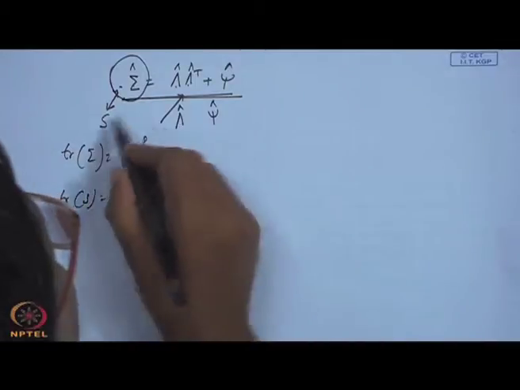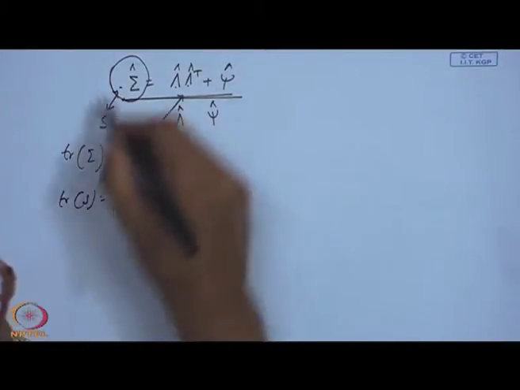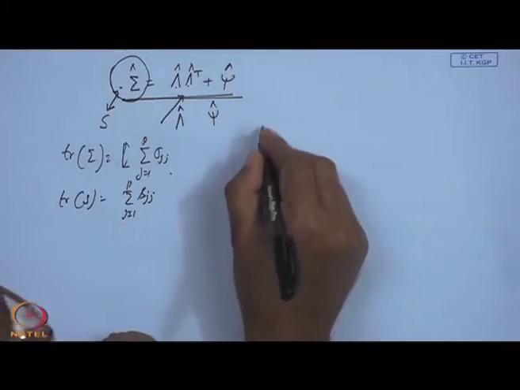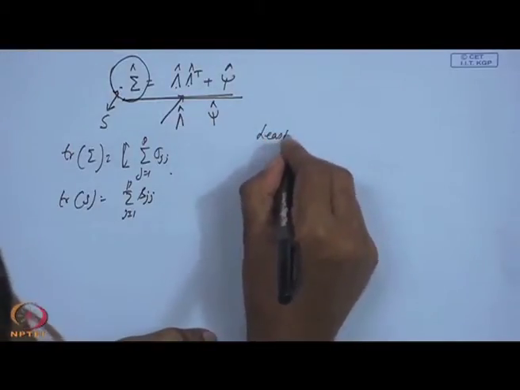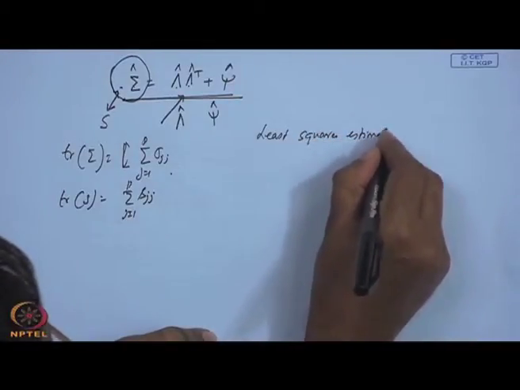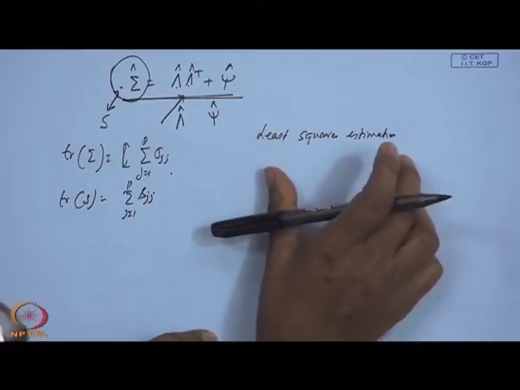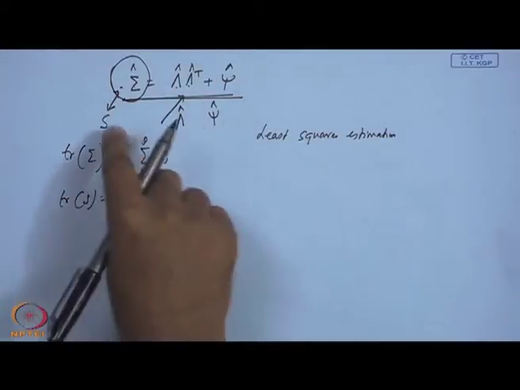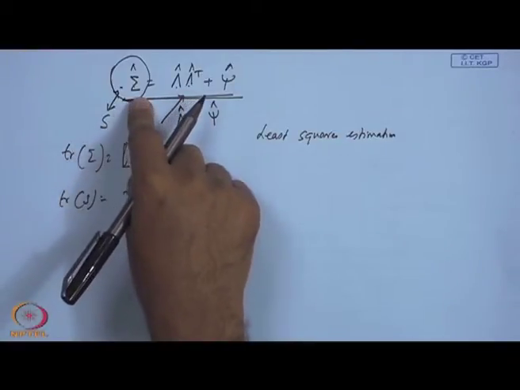So, then we require a function to be minimized. Now, if we go for the least squares estimation, then we require to minimize the error. What is error here? The error is the difference between the two.